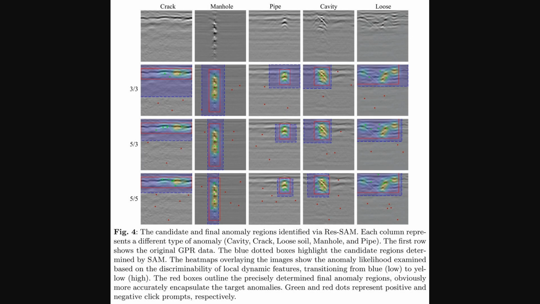So, after that anomaly detection process we just discussed, this provides a great visual of the results. The top row shows the raw ground-penetrating radar data for various subsurface issues like cracks, manholes, and cavities. The rows below illustrate how the system performs with different numbers of human click prompts, indicated by those small green and red dots.